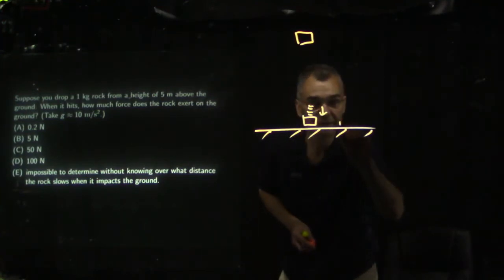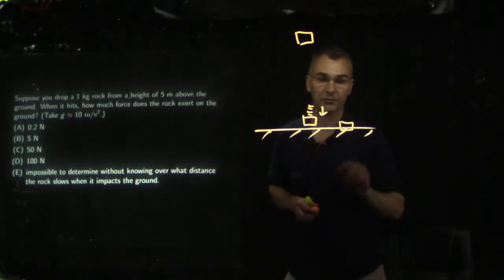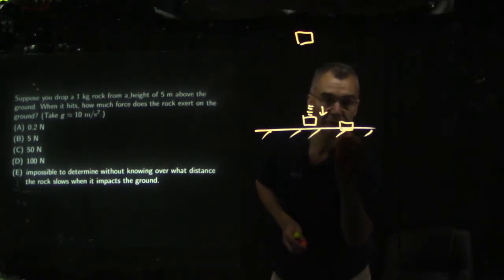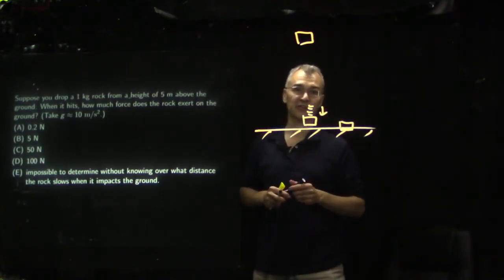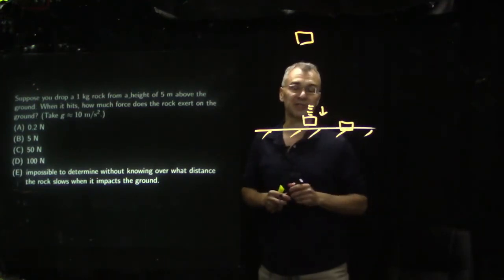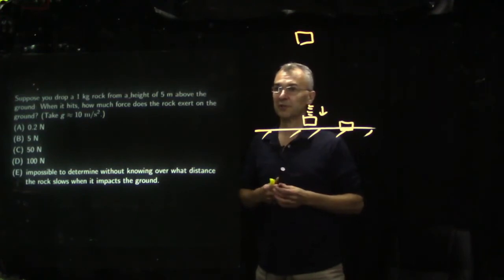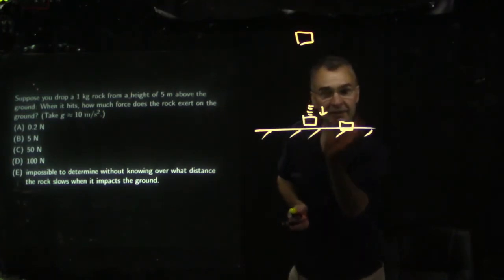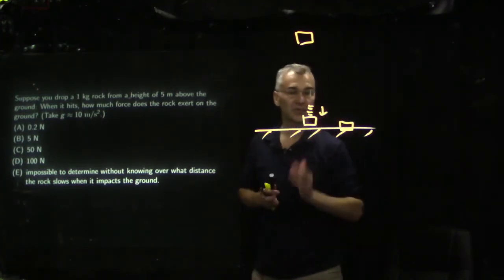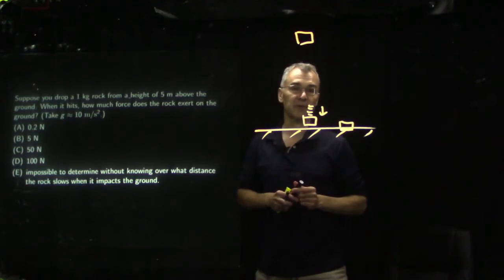And then somehow it's going to sink into the ground just a little bit as it comes to a stop. But we actually don't know just how far it sinks into the ground as it comes to a stop. So actually we have no idea how much force the rock exerts on the ground because we don't know what the little distance is over which it stops.